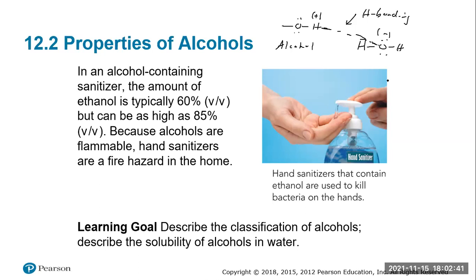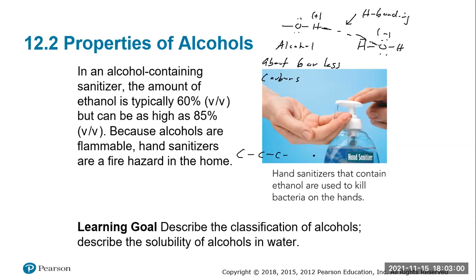Alcohols with 6 or fewer carbons are very soluble in water. Once you get above 6, you really start to see a decrease in solubility.